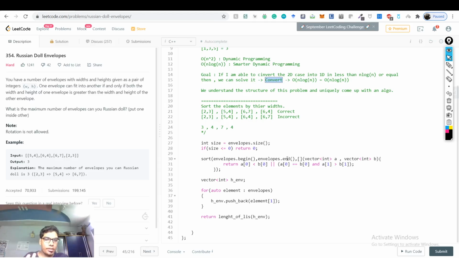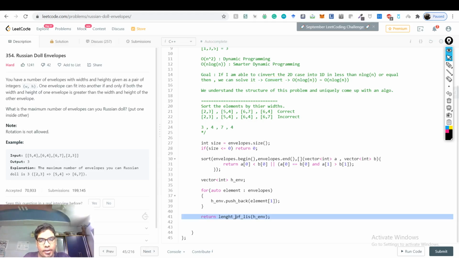Because this will be merge sort, or any sort in the backend, which can sort this in n log n, because the comparator operation is also O(1). So we managed to convert this from the 2D case to the 1D case in n log n, and then we can solve this 1D problem in n log n, so the total complexity would be n log n.